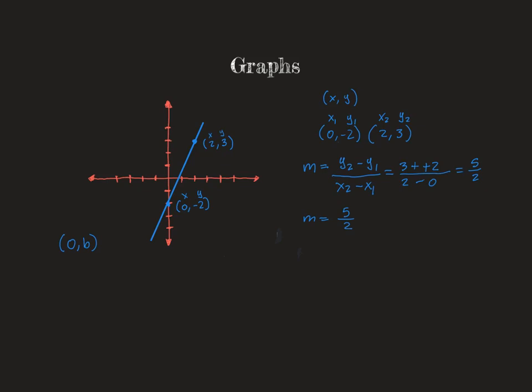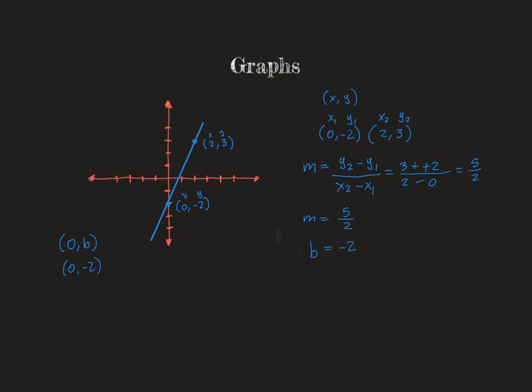If you have a graph, just go to wherever it crosses the y-axis. Keep in mind that this is your x-axis, this is your y-axis. So just look where it crosses. And the point that we have right here, we know that our b is going to be -2. So I'm going to put right here, b is equal to -2.